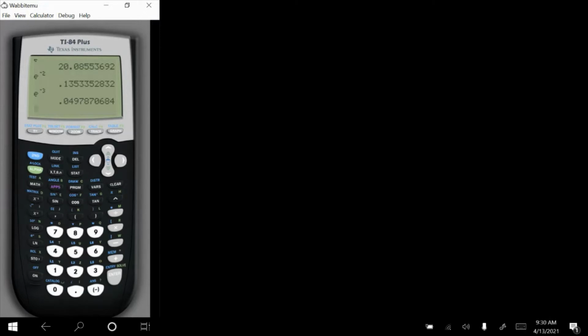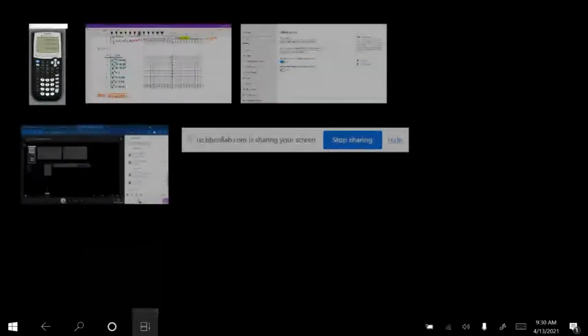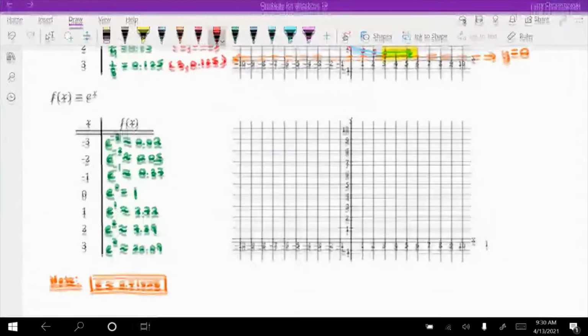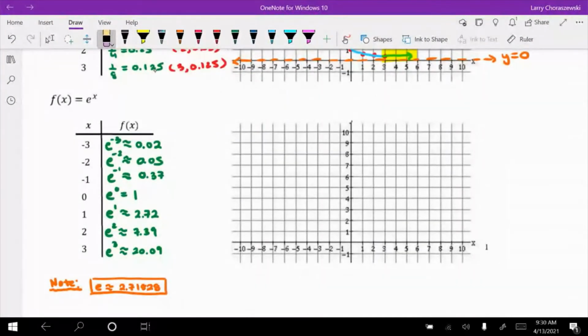Oh, I'm not sure what I had done then. Okay, so 0.14. There we go. How do those look? It's probably mine that's broken. No, I'm just kidding.